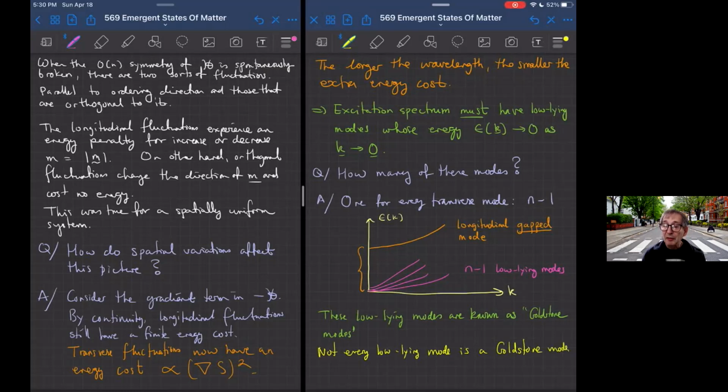We only use this term for modes that arise as a consequence of spontaneous breaking of a continuous symmetry.